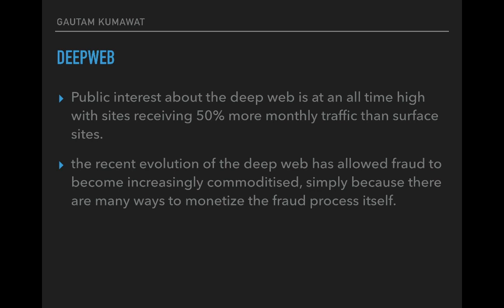The recent evolution of the deep web has allowed fraud to become increasingly commoditized, because there are many ways to monetize the fraud process itself. We will see in the next section on the darknet how people commit fraud and steal money from people by creating only one single fake page.